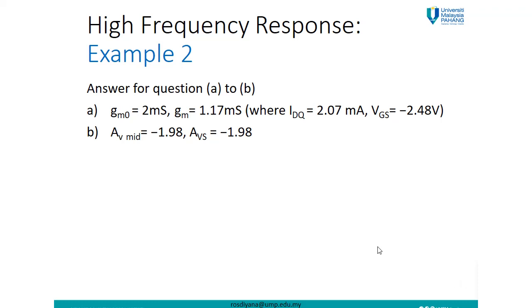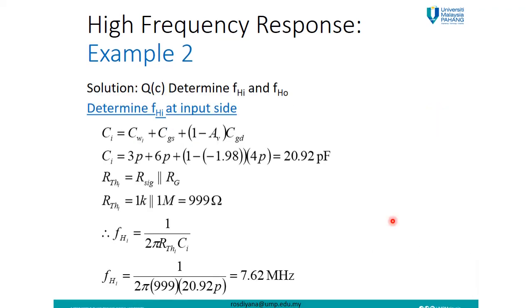For this example, I only focus on the high frequency response, the input and output, and how to sketch the asymptote and also the actual curve. This is the solution for question C. Determine fH in and fH out. I start with the fH in at the input side.